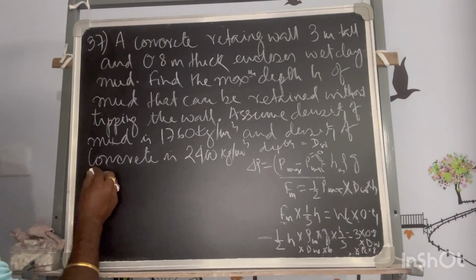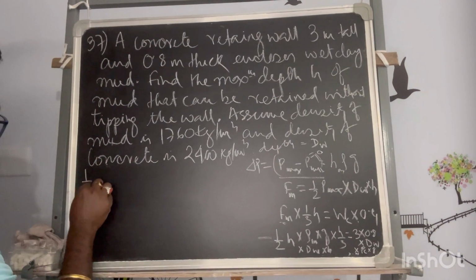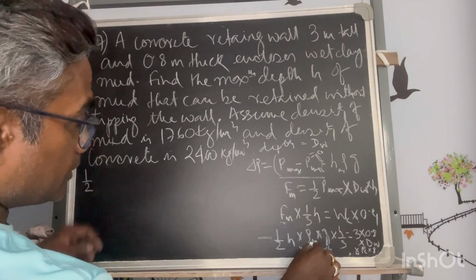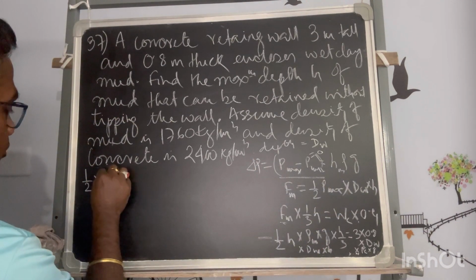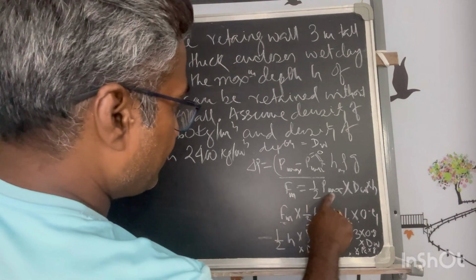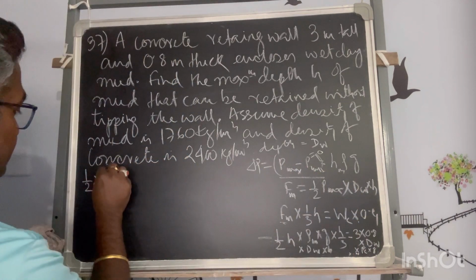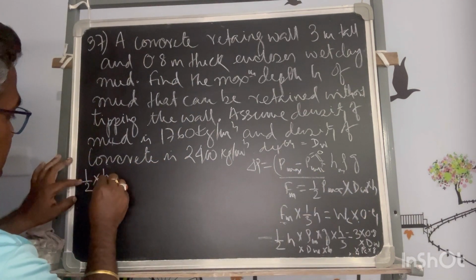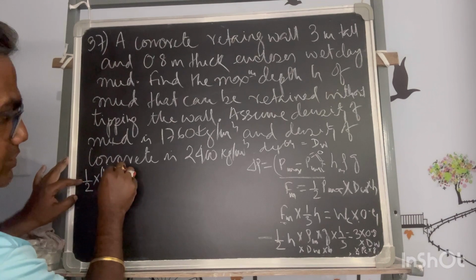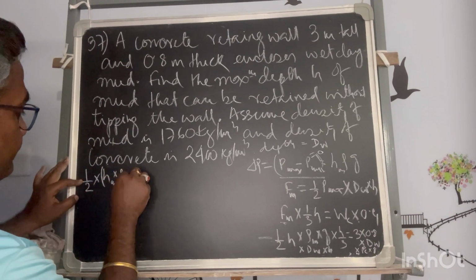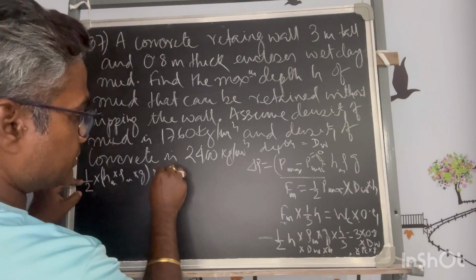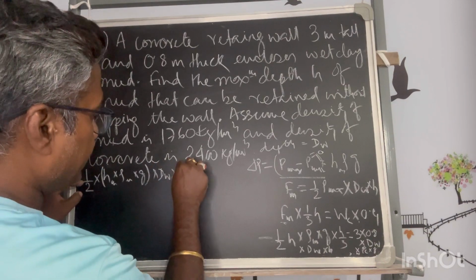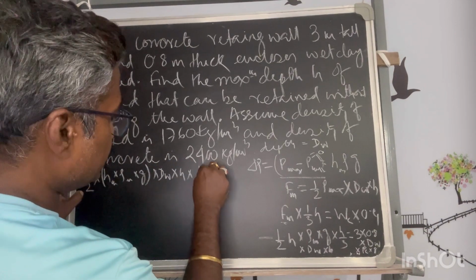What I am writing here, half of the P max, half into H of the mud, this is half P max. P max is equal to H into rho mud into G into the cross section dw into H, into arm is equal to H by 3.